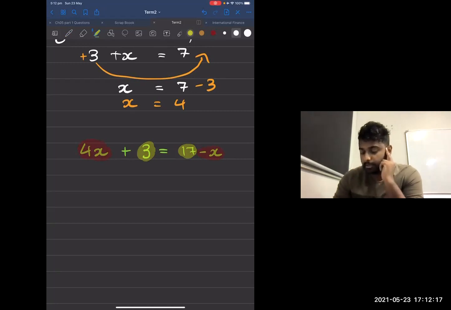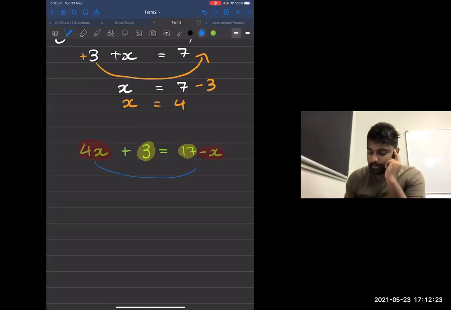If I were to move this positive 4x across, it would become a negative 4x, and the total side will be negative. And if I were to move this 17 across, it'll become a negative 17. So both sides are negative. It's easier to move them in a way that both sides are positive because it makes your life easier later on.